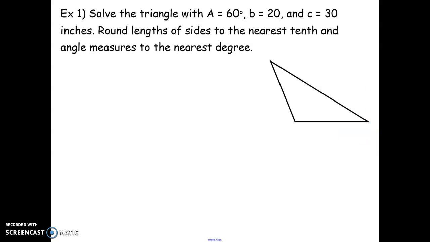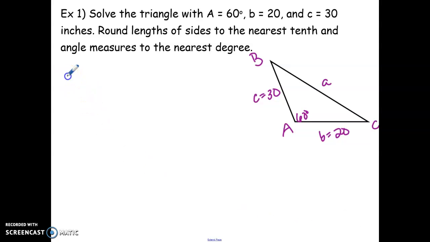So here I have angle A is 60 degrees. We need to find angle B, angle C, and side A. Side B is 20, and side C is 30. Okay, so I'm going to start by finding the side across from the given angle.